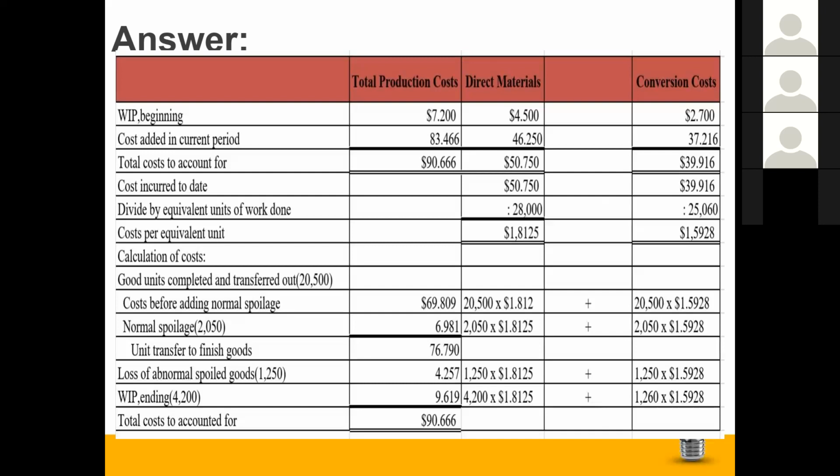And cost before adding normal spoilage is 96,809 is the result from that. And then the normal spoilage is 6,981, and we add that in, then we got 76,790. Loss of abnormal spoiled goods is 2,257, and therefore we got the ending WIP 9,619.